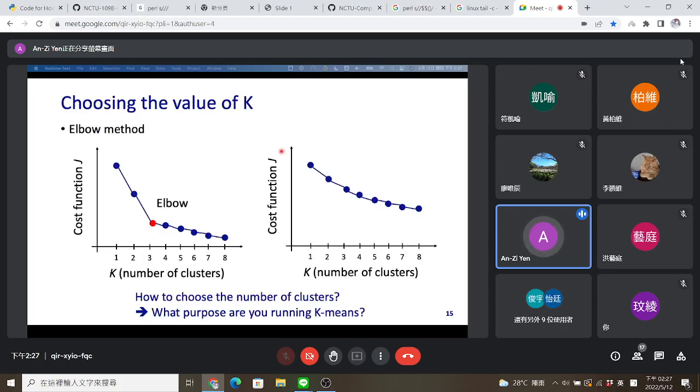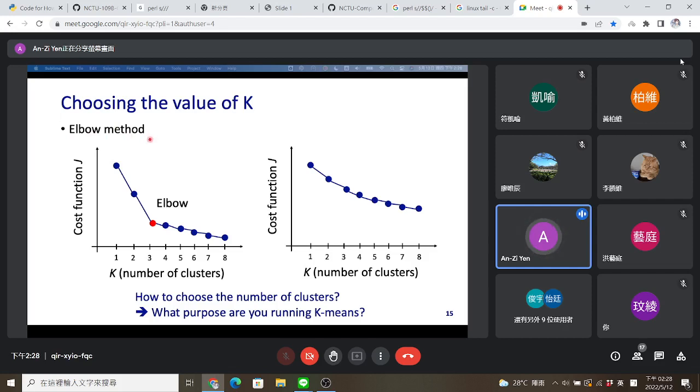Okay, and here is another question we haven't talked about, which is choosing the number of clusters. One method that we talk about is called the elbow method. So what is the elbow method?